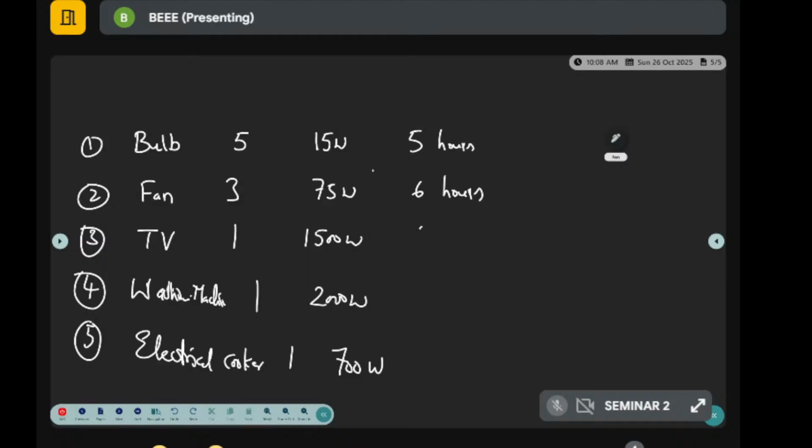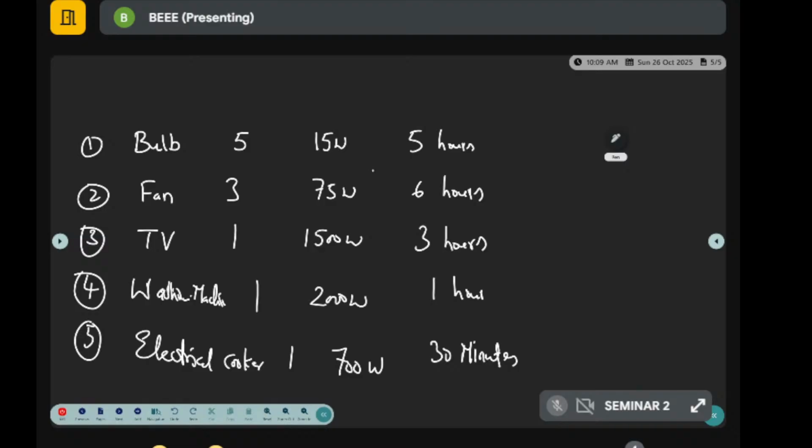TV 3 hours. Washing machine maybe 1 hour. Electrical cooker also maybe 30 minutes. Okay, so this is a typical usage of individual electrical appliances.